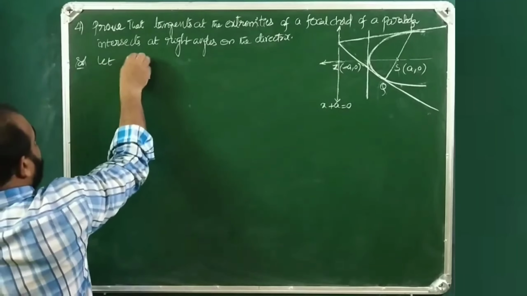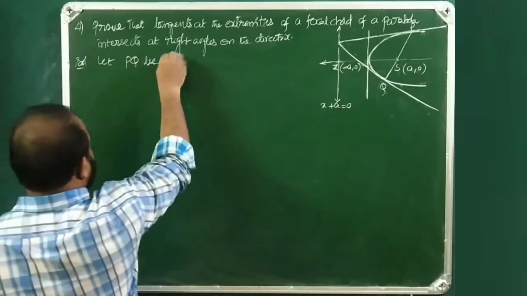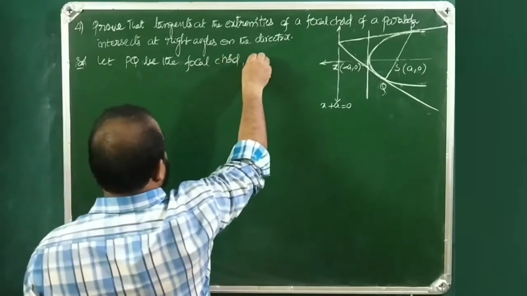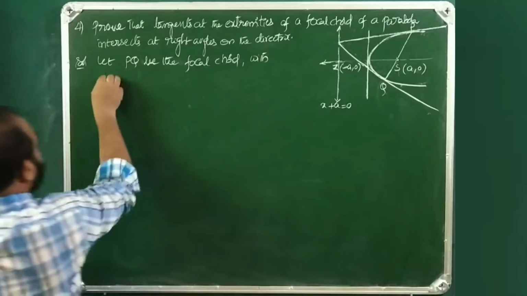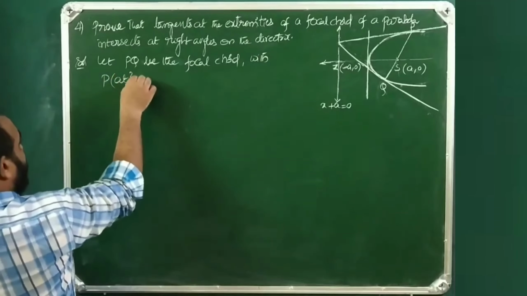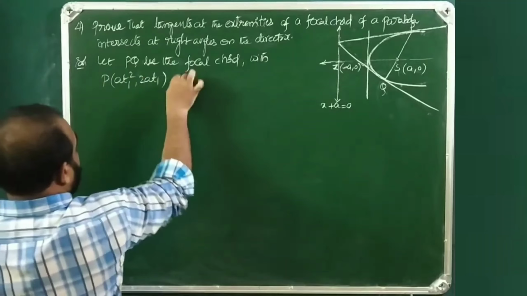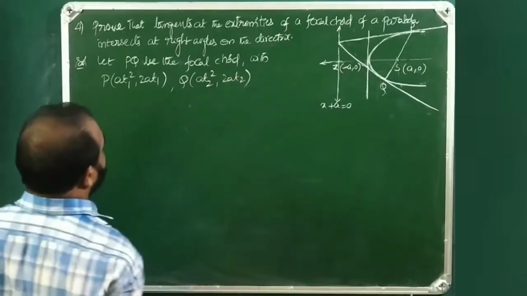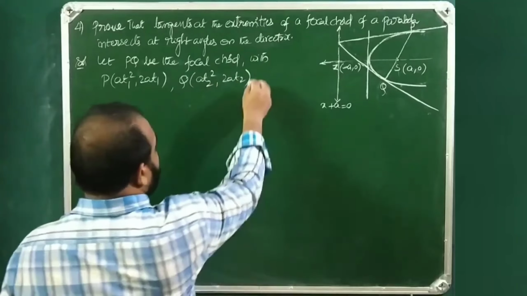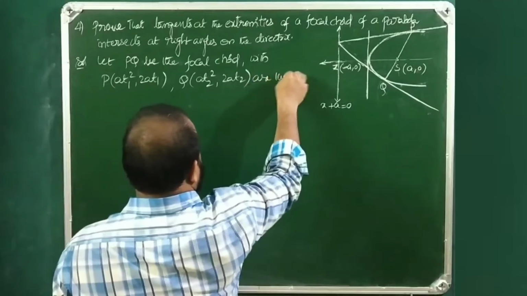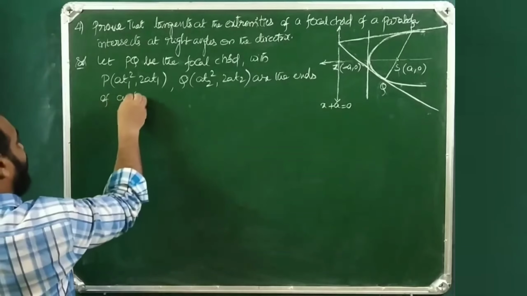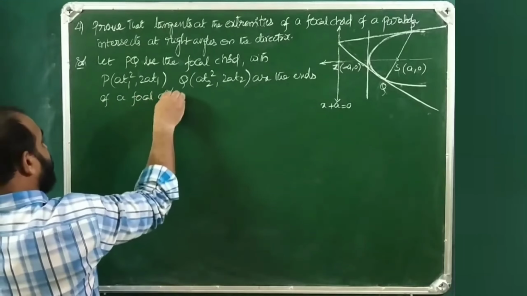Let PQ be the focal chord with P (at1 square, 2at1), Q (at2 square, 2at2) as the ends of the focal chord.